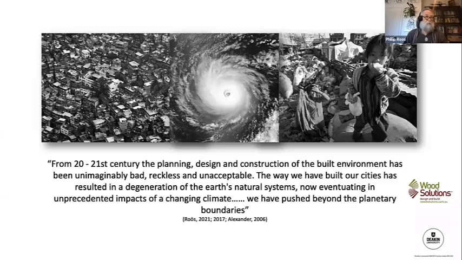The way we have built our cities has resulted in a degeneration of the Earth's natural systems, now eventuating in unprecedented impacts of a changing climate. And a little bit of attention to the last few words: we have pushed beyond the planetary boundaries.